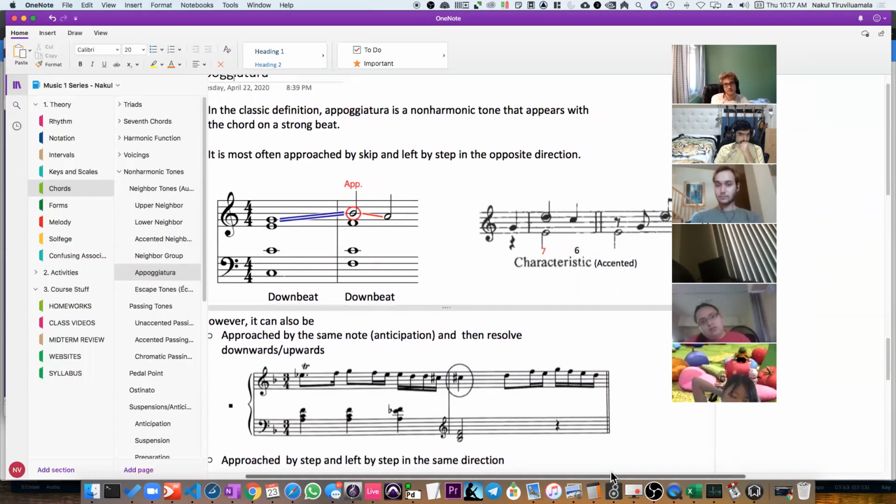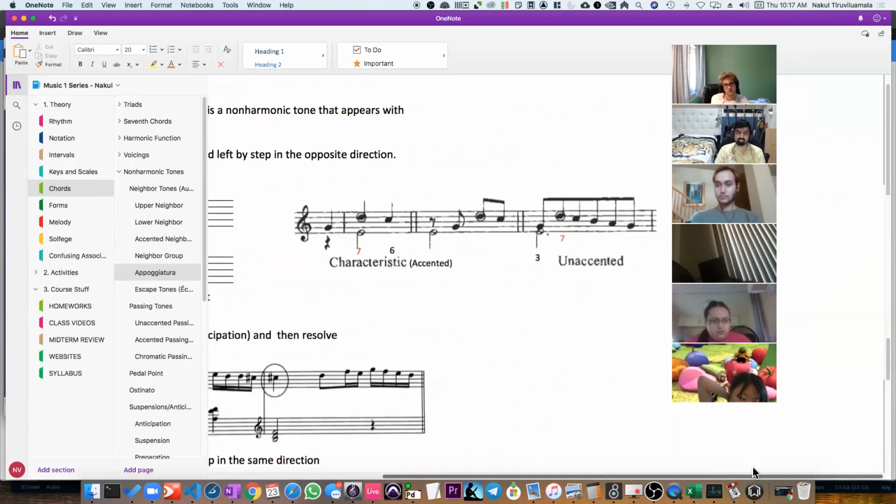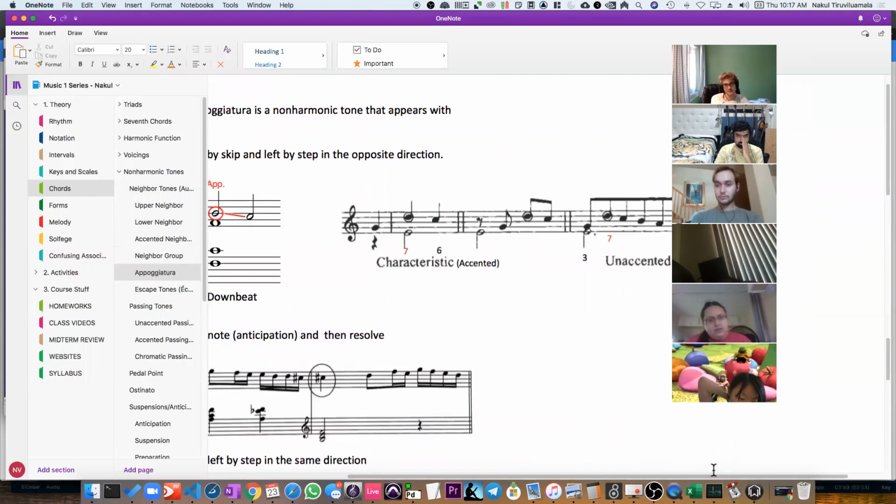That makes sense. But this is the confusing thing about appoggiaturas, and just these terms in general, is that people have multiple terms, and it drives you mad. So, for instance, this is a characteristic accented passing tone, where basically you have a dissonance on a downbeat. All right, you have a dissonance on a downbeat, and then it resolves down by step.